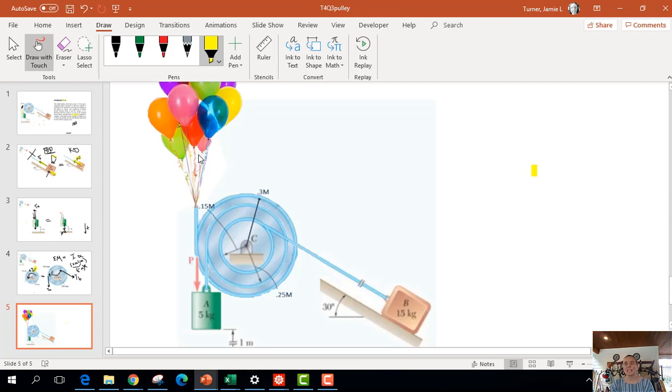The only thing they would contribute to is a moment. So anything you put an R cross F into, they have an F. And that would be the piece. So like a work force through a distance, you can figure out their force and what distance does that force act over. And that's going to be related to their radius, 3 meters.